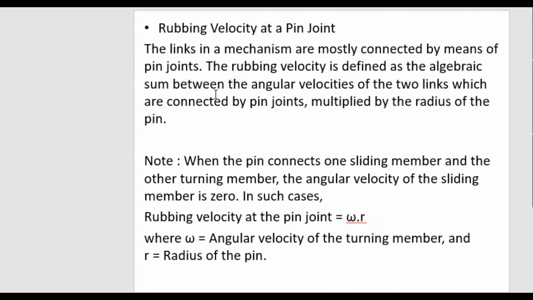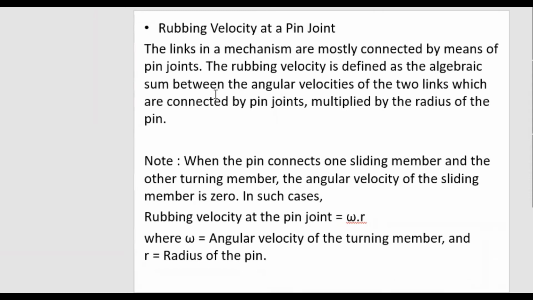Rubbing velocity at a pin joint: the links in a mechanism are mostly connected by means of pin joints. If you take a linkage, that is mostly connected by pin joints. Rubbing velocity is defined as the algebraic sum of the angular velocities of the two links which are connected by the pin joint, multiplied by the radius of the pin. Say I have this link, and both are rotating with some angular velocities.